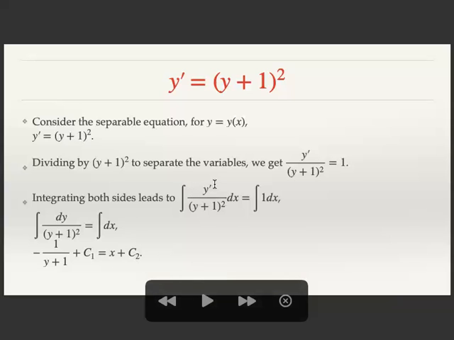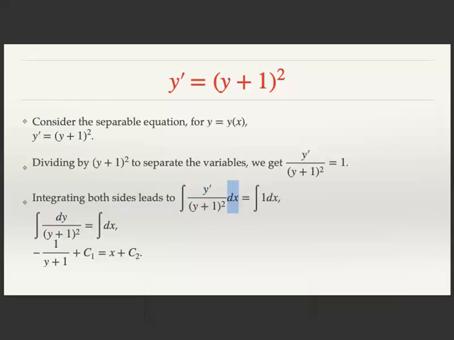On the left-hand side, we make a substitution. Under the integral, we replace the variable x by the variable y. And then dy is equal to y prime dx. So this is by the substitution rule. Yeah, we have to consider a case when y is equal to -1.